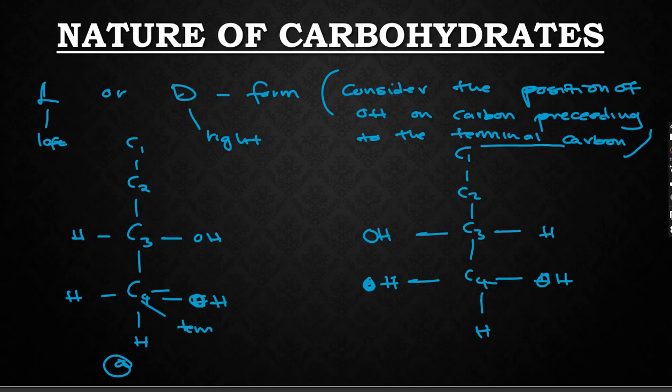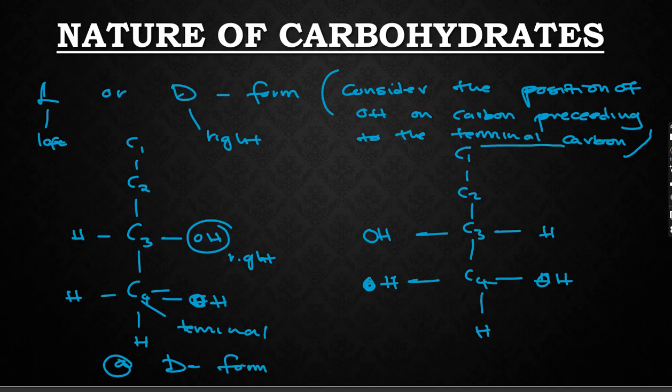We go to the preceding carbon, which is C3, and consider the position of the hydroxyl group. As you can see, it is on the right side, and because it is on the right side, you call this compound to be in D form. Very important thing, guys.